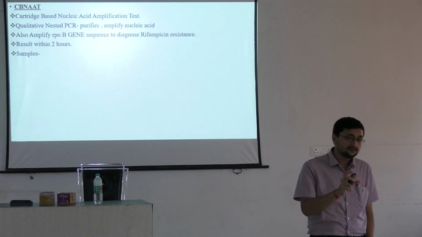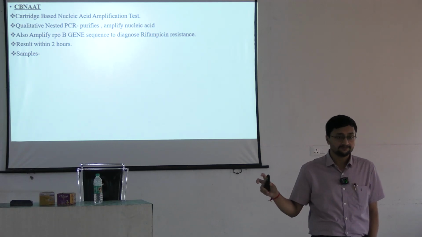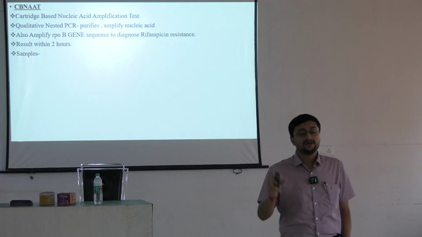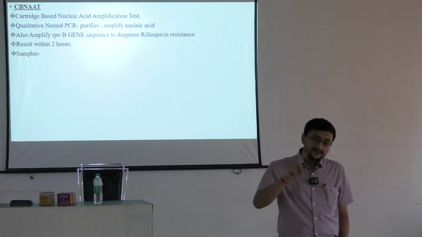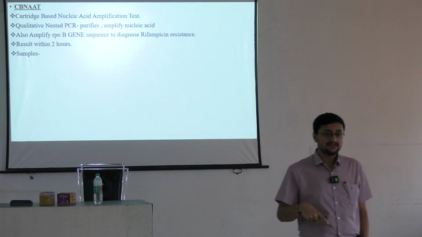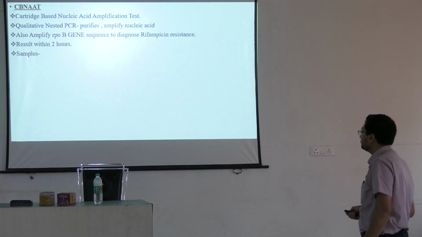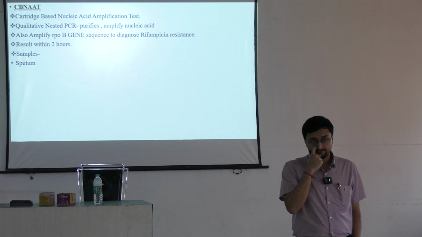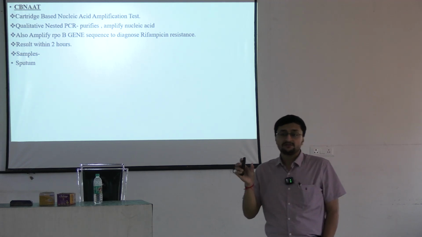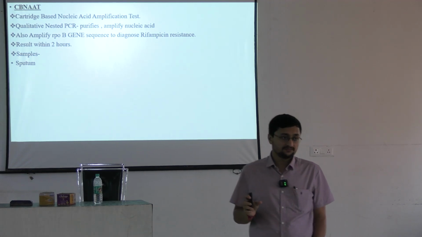So there are 5 different types of gene that encode different types of drug resistance. Every drug has its own genetic resistance. So the result is within 2 hours. Okay, so this is the quickest method.